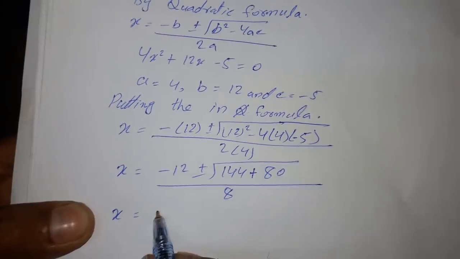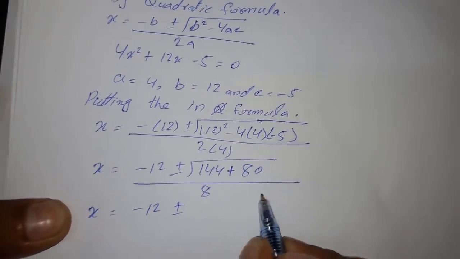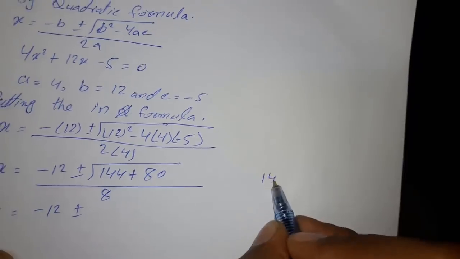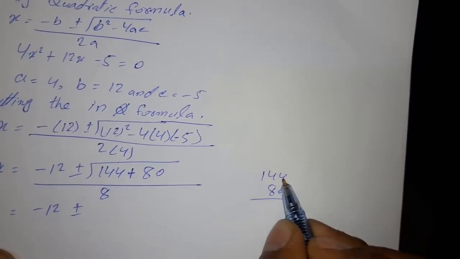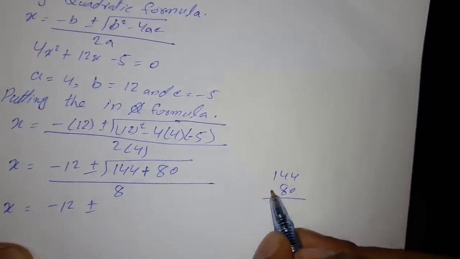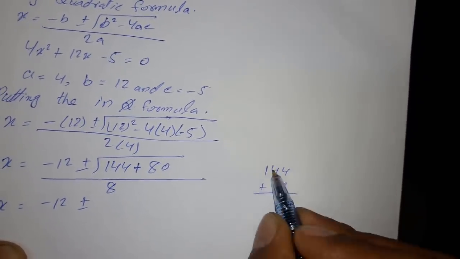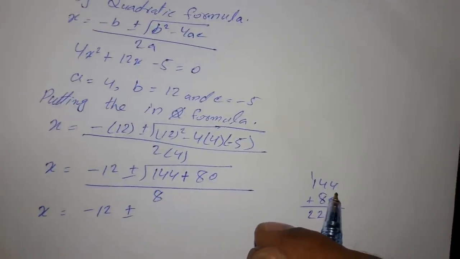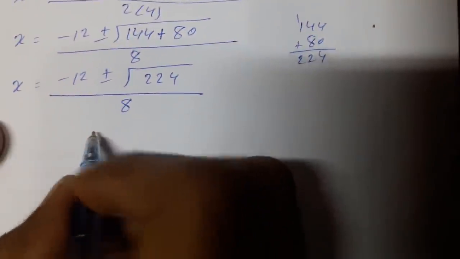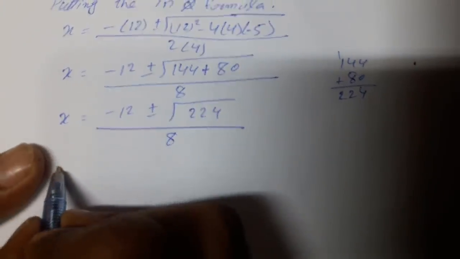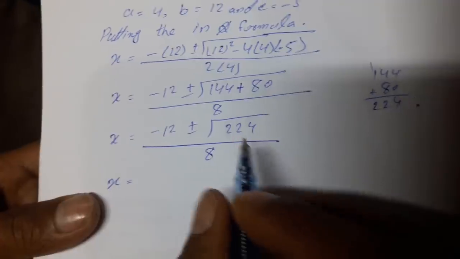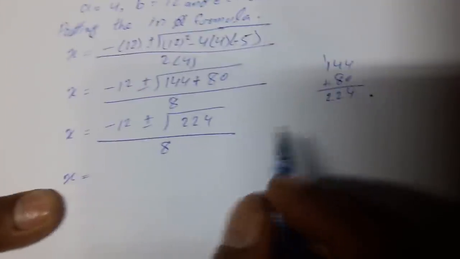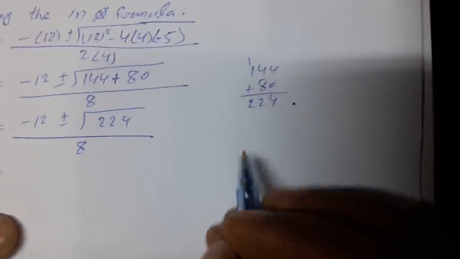So add these both values, 144 plus 80 equals 224. Now we will find out the square root of 224.